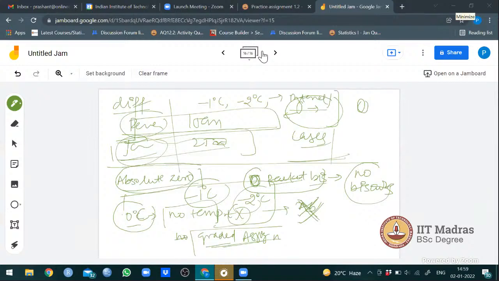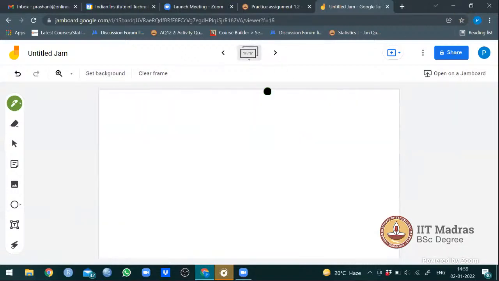Next one is Jayad Ahmed. Jayad, you can ask your doubt. Sir, my doubt is on discrete and continuous numerical variables. Negative numbers come under the interval scale, but I am not clear on this. Can it come under ratio also?